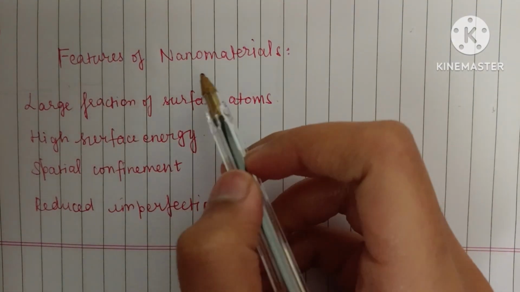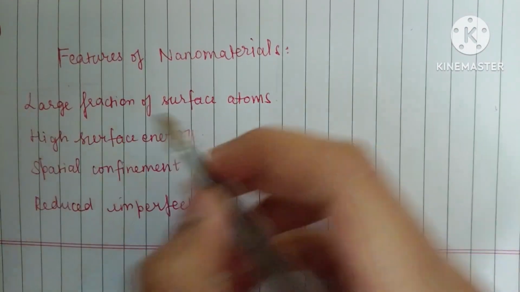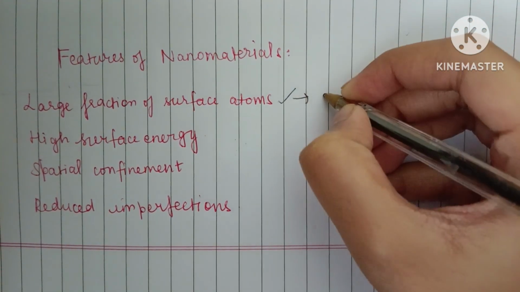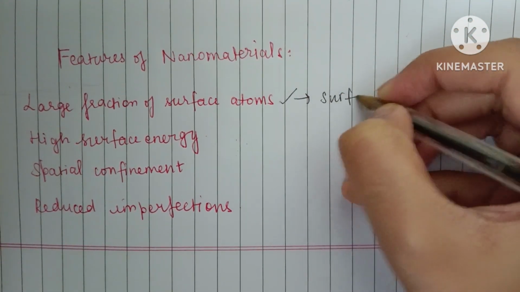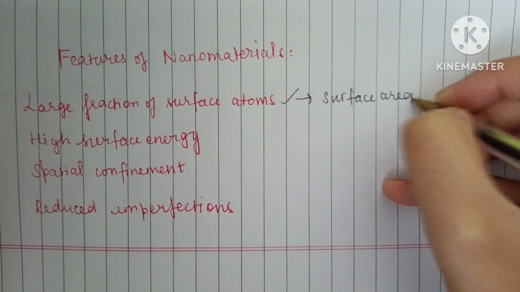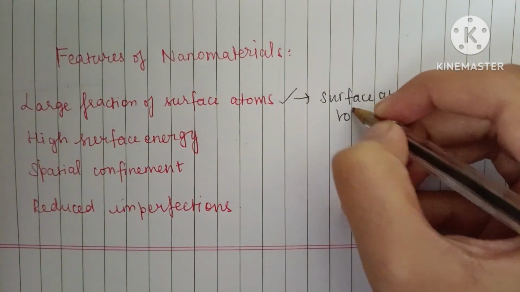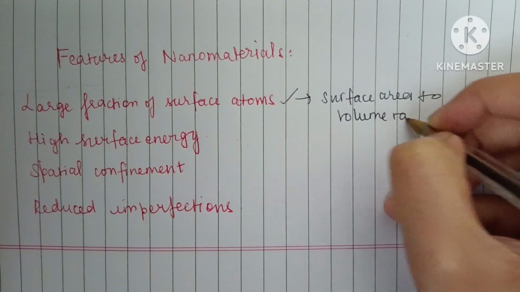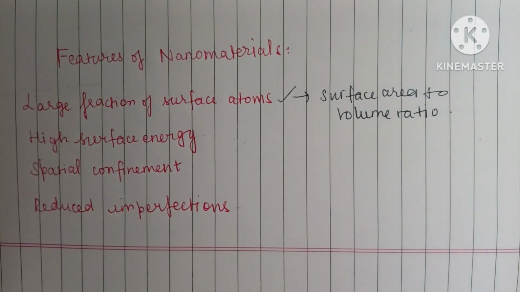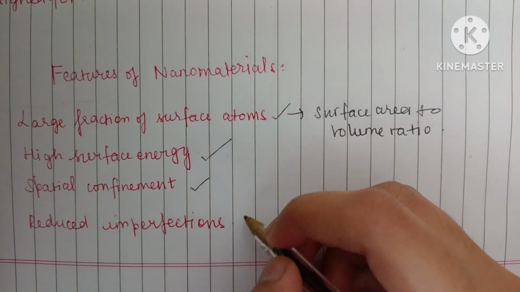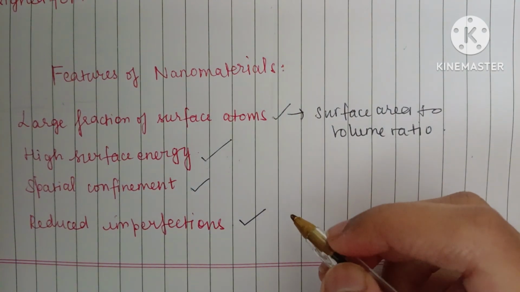Some features of nanomaterials are the large fraction of surface atoms, which is also called the high surface area to volume ratio, high surface energy, spatial confinement, and reduced imperfections.